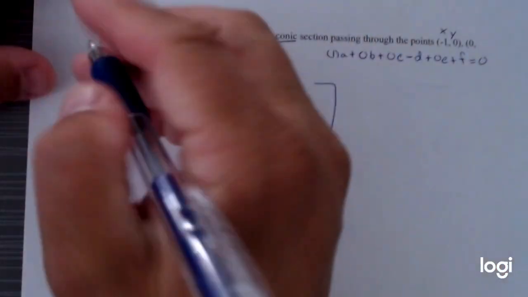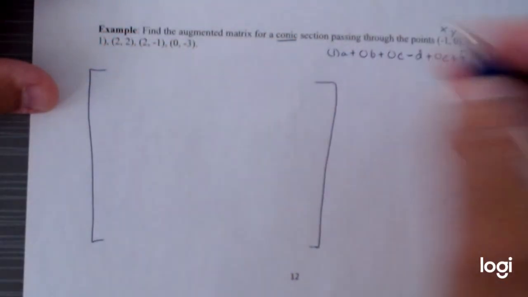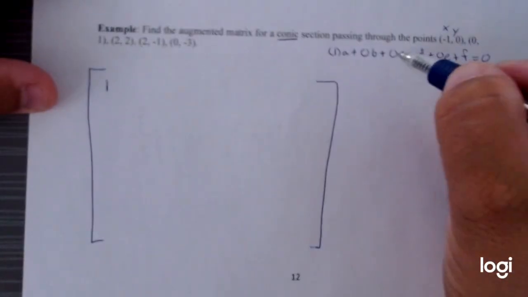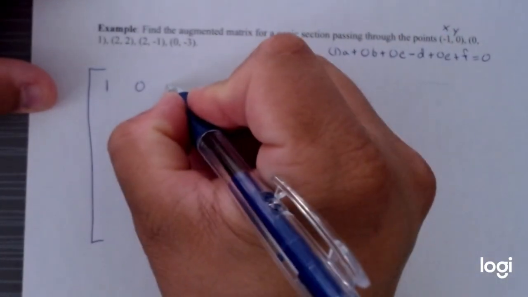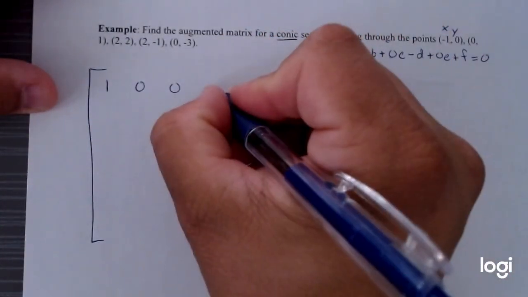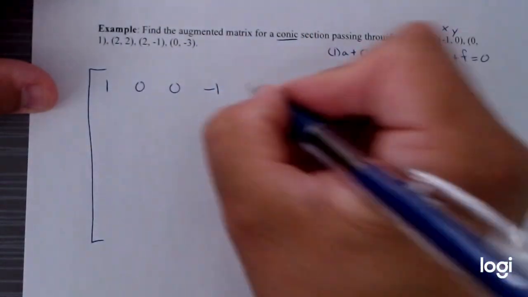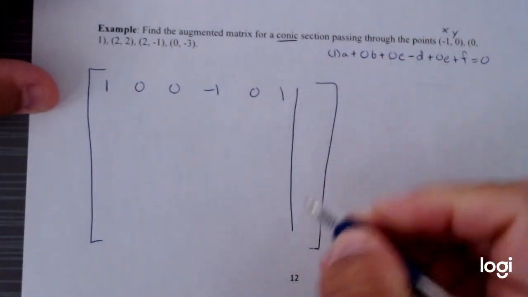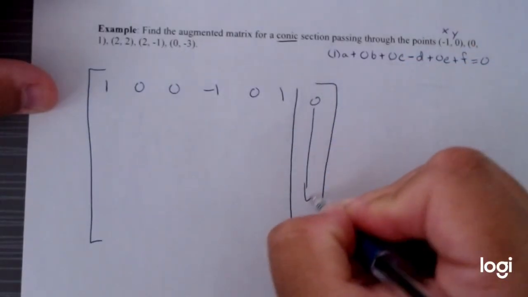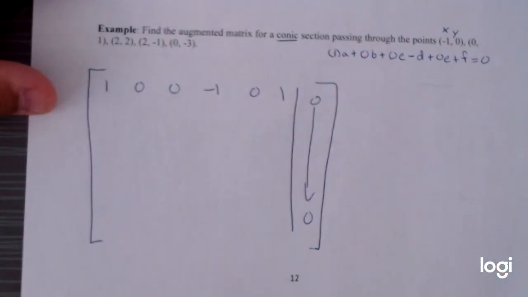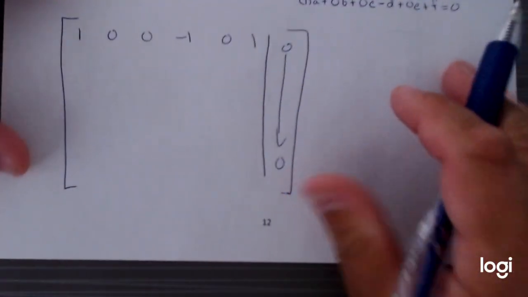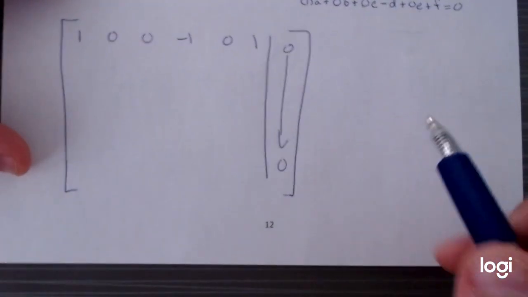The coefficients in front of A, B, C, D, E, F. So 1, 0, 0, negative 1, 0, and there's a 1, and this all equals 0. And this always equals 0 because there's always a 0 there. Okay. So again, we'll just do that for every single point.